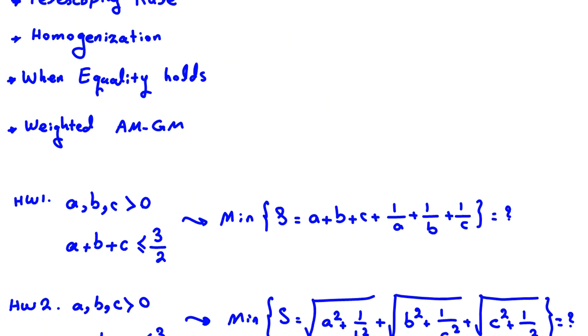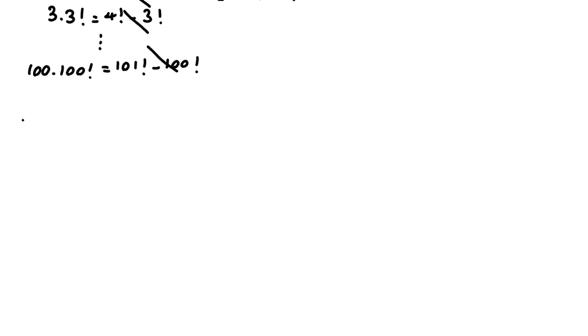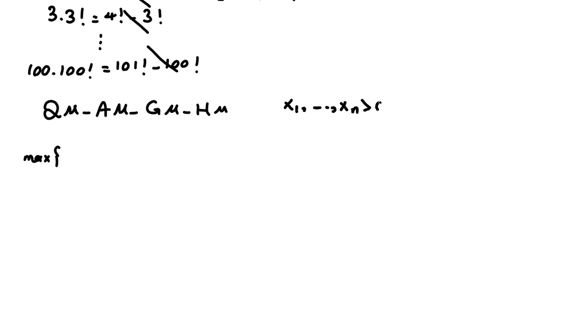So let me tell you first the inequality that you should know. Suppose there are n variables. I want to tell you QM, AM, GM, HM in this part. If you have x1 to xn, that they are positive, the maximum of xi is greater than or equal to QM.